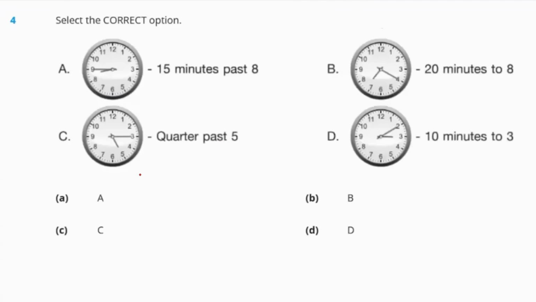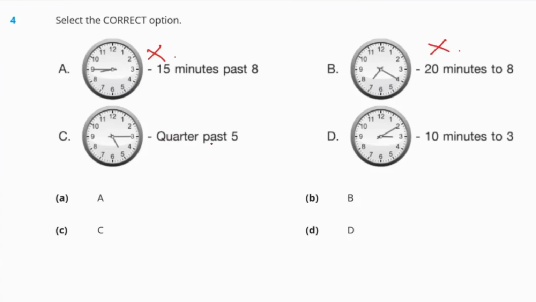Next question. Select the correct option. We have to select the watch which shows the correct time. Here, 15 minutes past 8 is a wrong option; this clock is showing the wrong time. Next one, 20 minutes to 8, that is also incorrect.